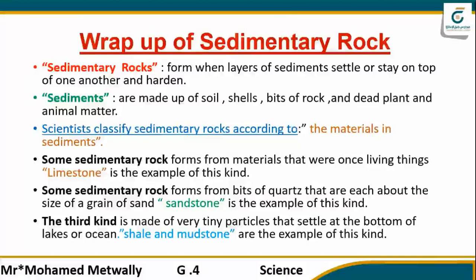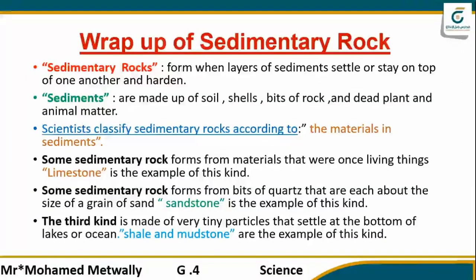The little bits that form sedimentary rocks are called sediments. What are sediments made from? Sediments are made up of soil, shells, bits of rock, and dead plant and animal matter.